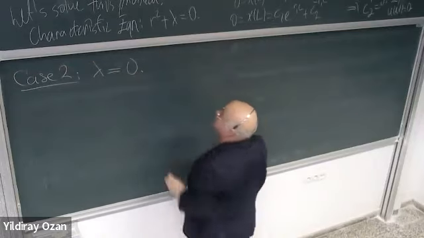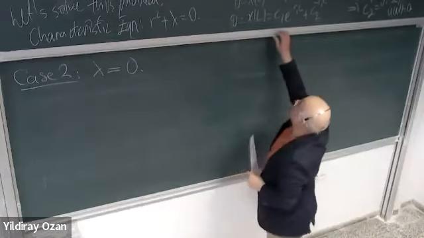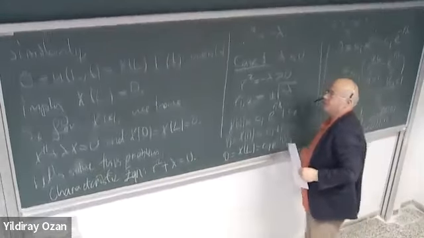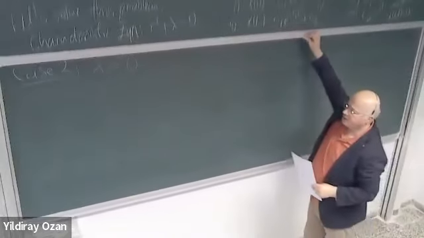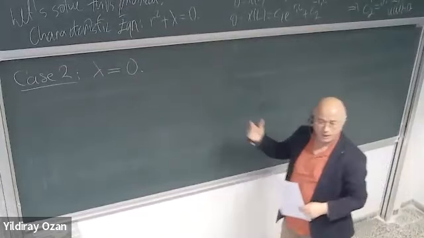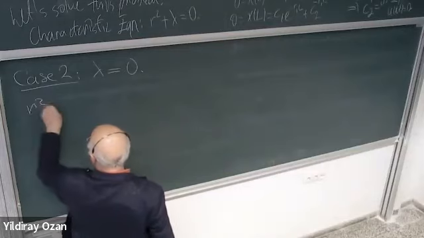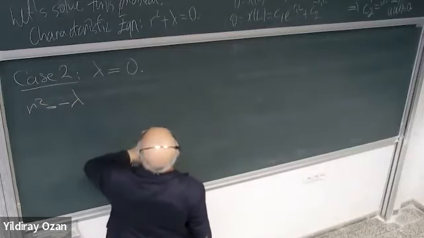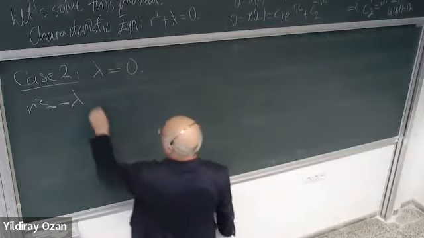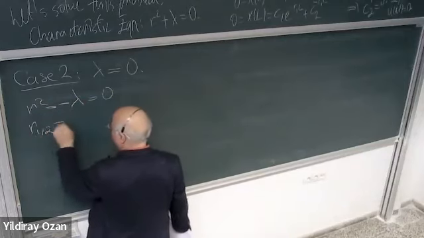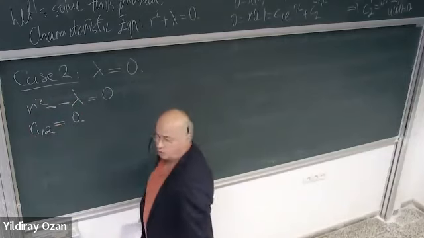So the second case is, here we took lambda negative. Now let's see the case lambda is 0, and then we will consider the third case. Then the characteristic equation is r squared equals 0. So we get R1 and R2 are both 0.